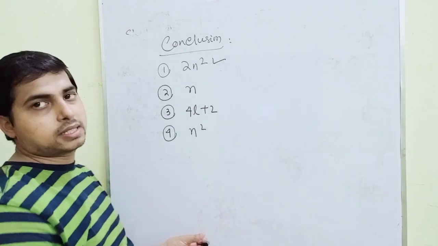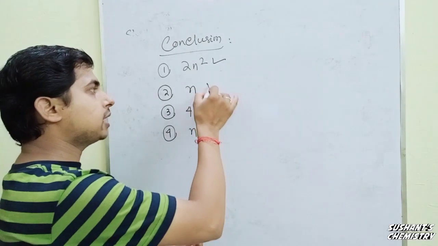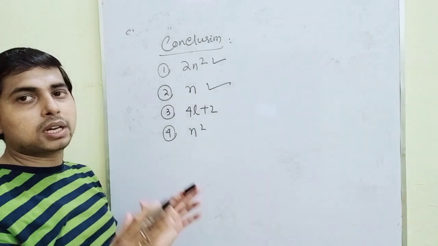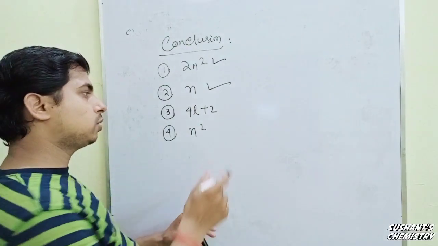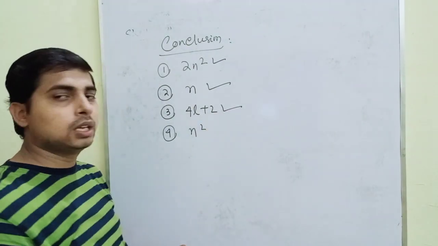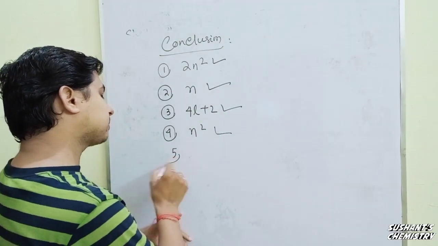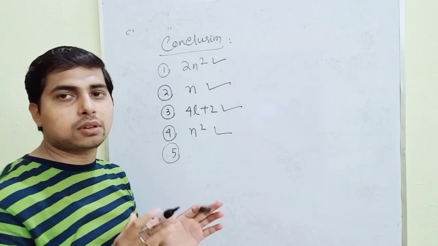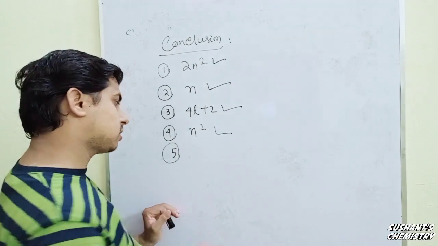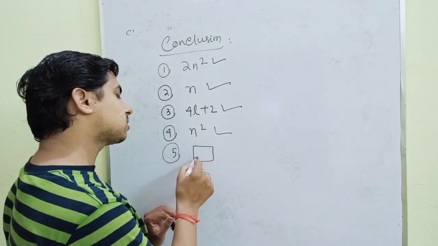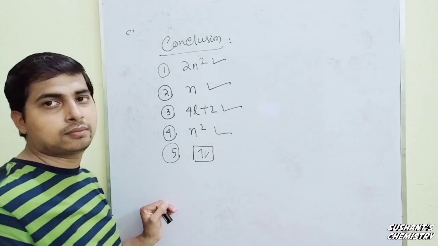Number of subcells in a main cell equals n value. Number of electrons in a subcell equals 4l plus 2. Number of orbitals in a cell equals n square. Number 5. An orbital contains a maximum of 2 electrons with opposite spin.